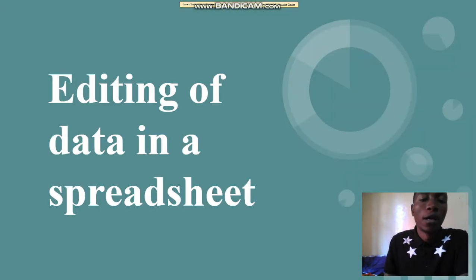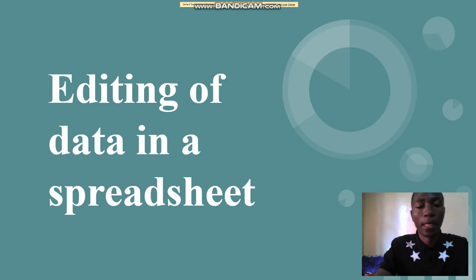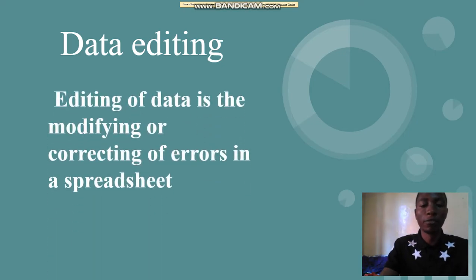Editing of data is simply the modification or correcting or making changes on the work that we have already entered into our worksheet. Okay, so that is all about the editing of data. It's just simply the correcting of errors in our worksheet.